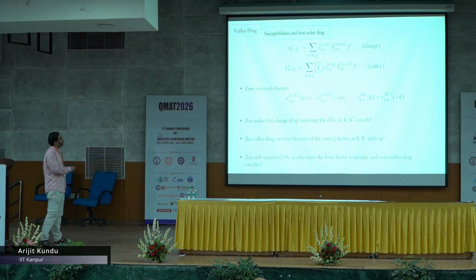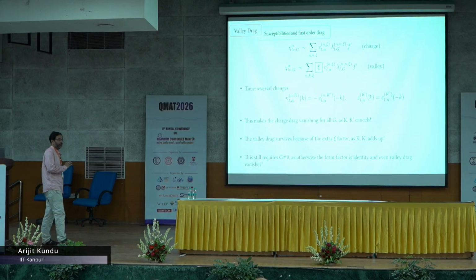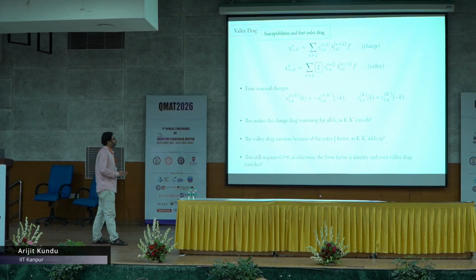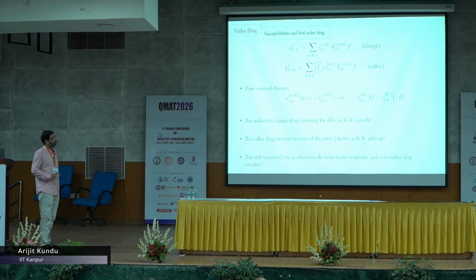Now, this chi for a Coulomb drag, a typical charge Coulomb drag, has a form like this, and chi for a valley drag, which is J plus minus J minus, has a form like this. And it is very easy to see that time reversal symmetry makes the charge drag completely vanish without any further condition at T equal to 0.